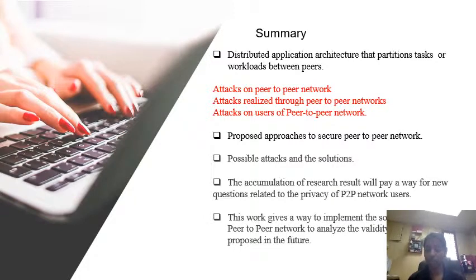This work gives a way to implement the solutions in real-time peer-to-peer network settings to analyze the validity of the results in the future. As we saw earlier, all these results are not tested in a real-time situation. So if these results are tested in a real-time situation, it provides the validity of these results.